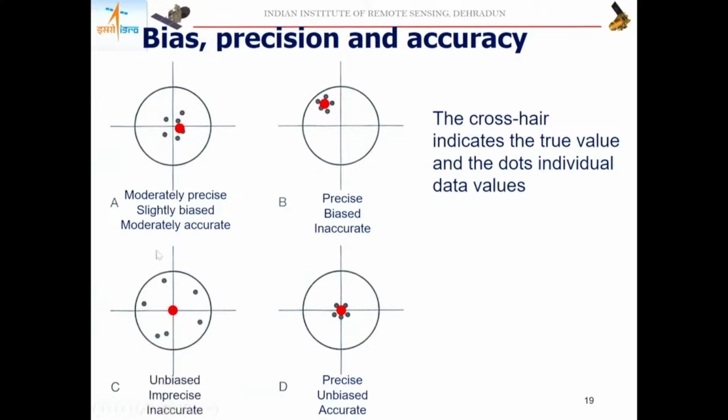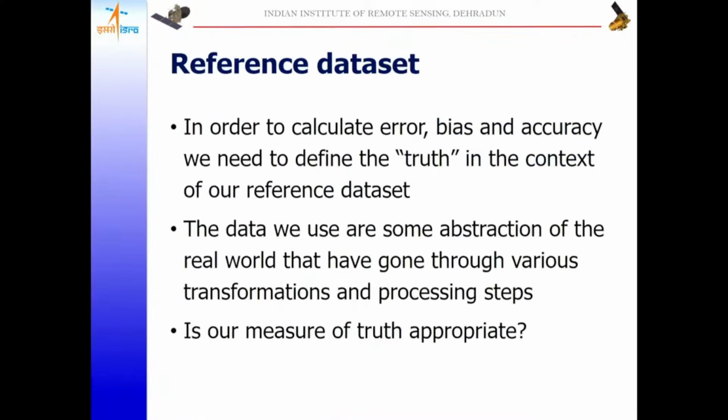So this type is unbiased but imprecise, not precise information, and inaccurate. That way we can define a lot of cases and study them.